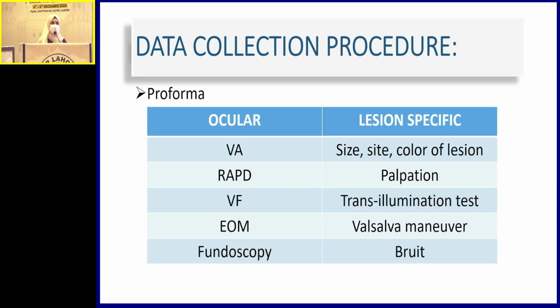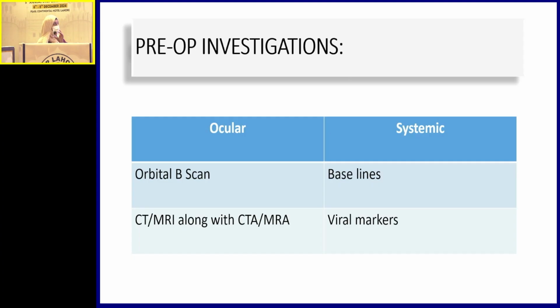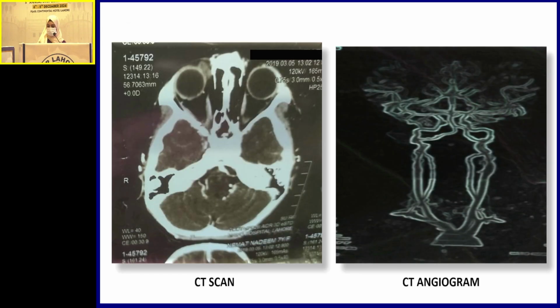A specially designed proforma was used, and after a detailed ophthalmic examination, ocular assessment was done, especially visual function testing, along with a lesion-specific examination. Pre-op investigations comprised orbital B scan, CT or MRI, along with angiography, and systemic evaluation was also done.